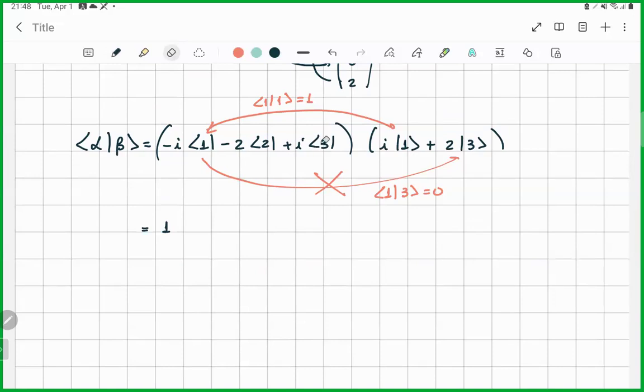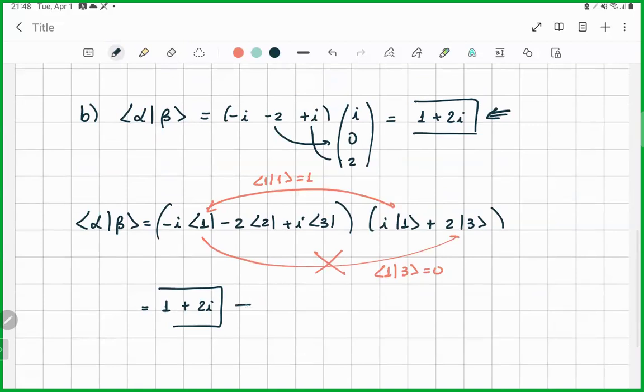Then we go to the vector 3, the bra 3. 3 with 1, 0, because it's orthogonal. So we just go 3 with 3, and then we get plus 2i. So it's the same answer that we had above. So it's a preference of notation. I prefer, as I said, to write the column vector, and this line, I find it easier to see.